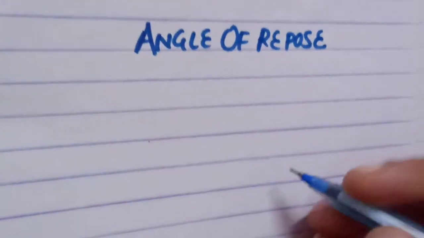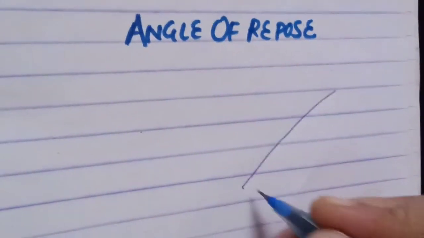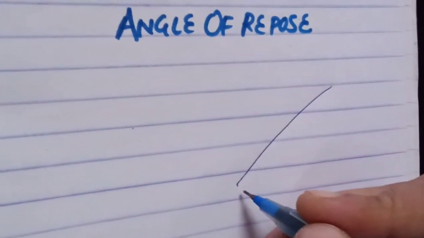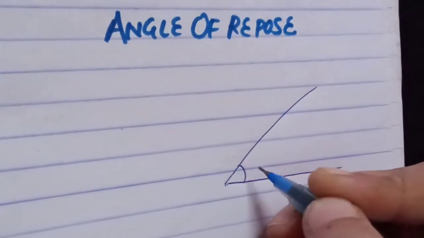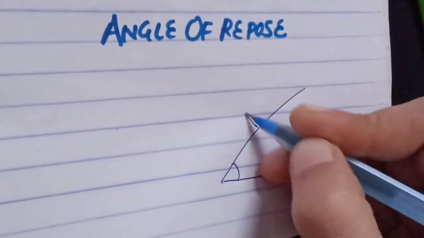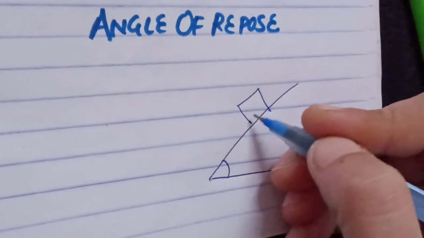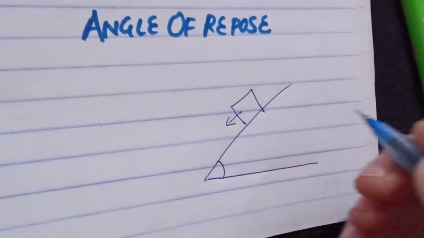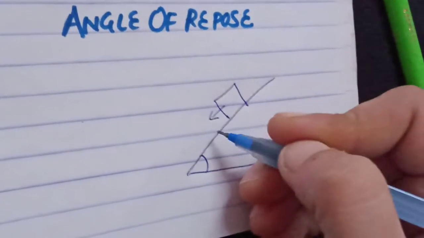Now we are talking about angle of repose. The angle of the inclined plane with the horizontal such that a body placed on it is just beginning to move. Means body is at rest but it just starts to slide.